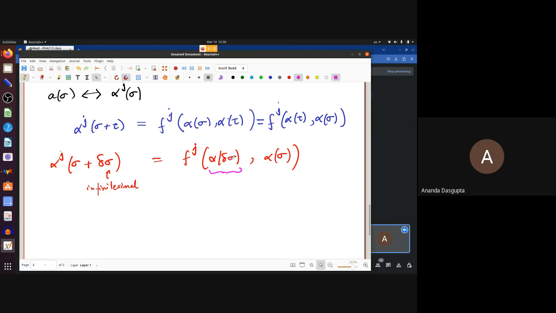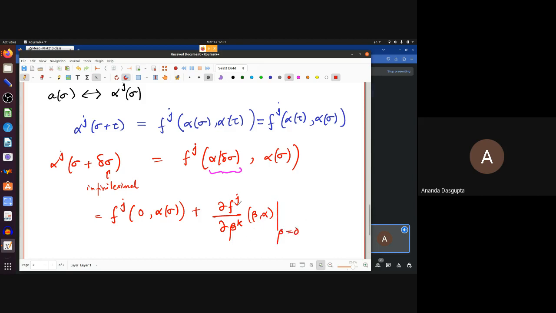Now, of course, if you have a function where you have a bunch of very small parameters put in, the obvious thing to do would be to look at the Taylor series, which is replace the first argument by 0 and alpha sigma. That's, of course, the zeroth order term. Plus, what will happen? You will take the derivative with respect to the first k parameters, beta k, and put beta equal to 0.